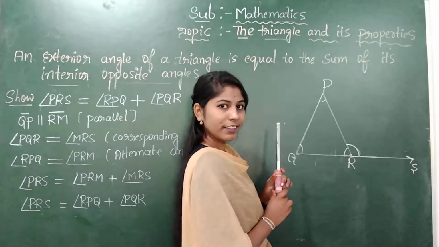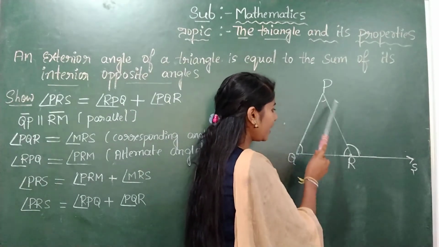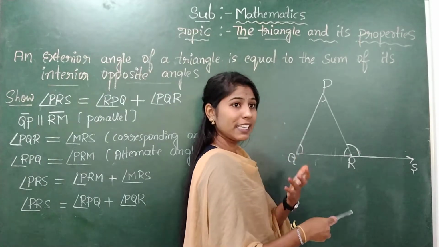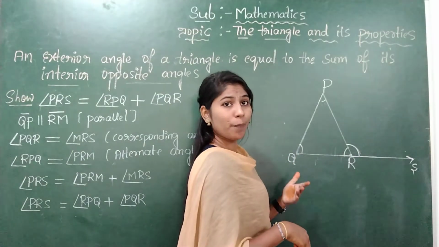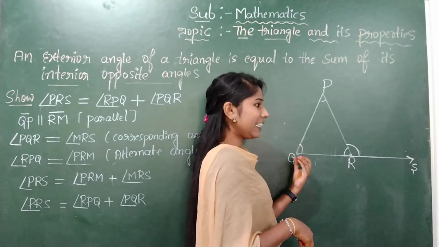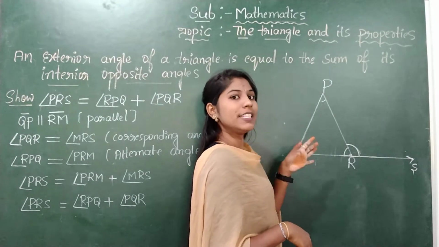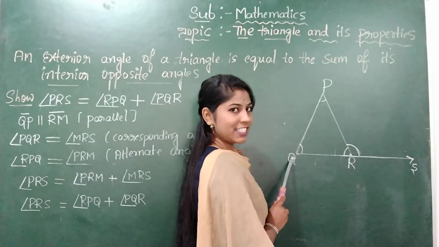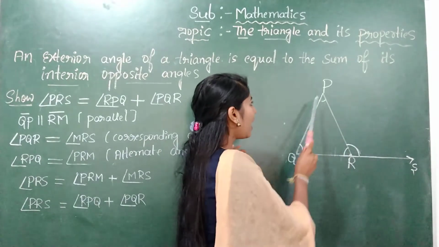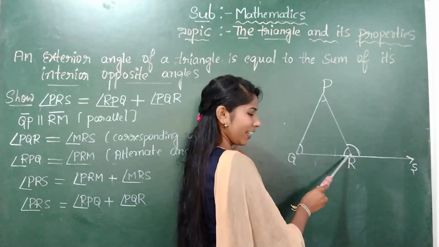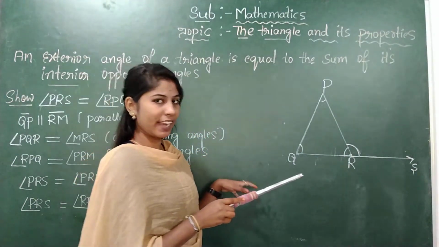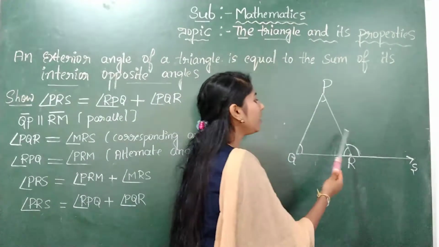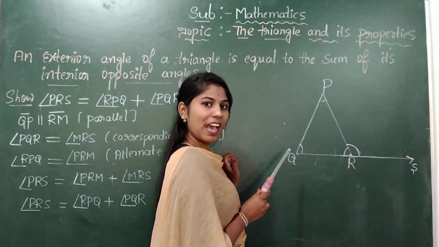So angle PRS, this exterior angle, is equal to the sum of the opposite interior angles, angle P and angle Q. These two sum is equal to this exterior angle.